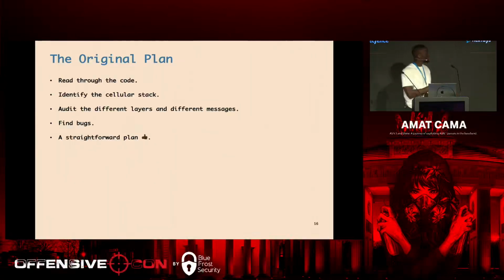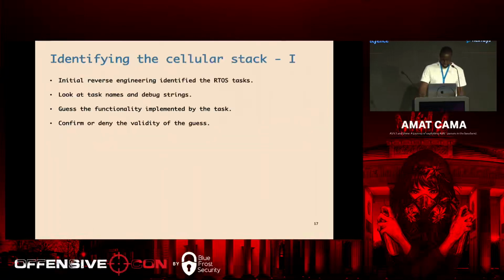My original plan when looking at this target was to read through the code, identify the cellular stack, because the RTOS has a bunch of other stuff going on, but we're only interested in the cellular stack. So I wanted to look for that, and then audit the different layers, different messages, find bugs, like a simple, easy plan.